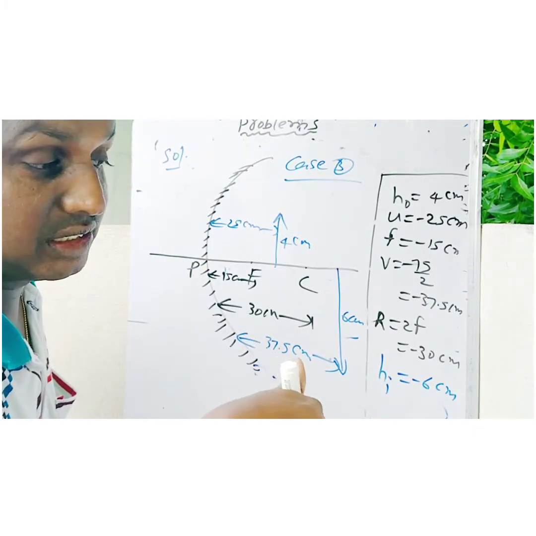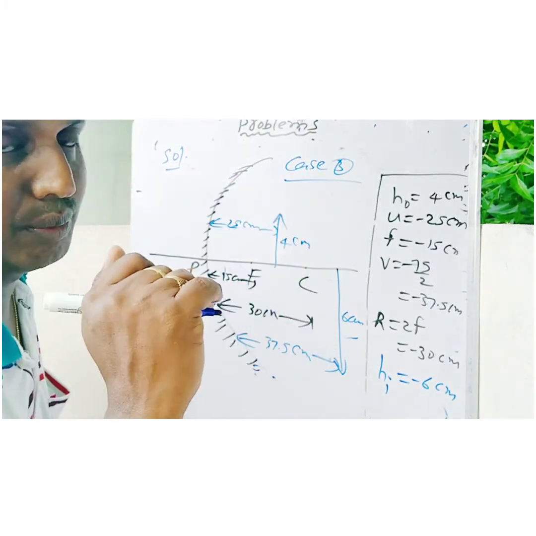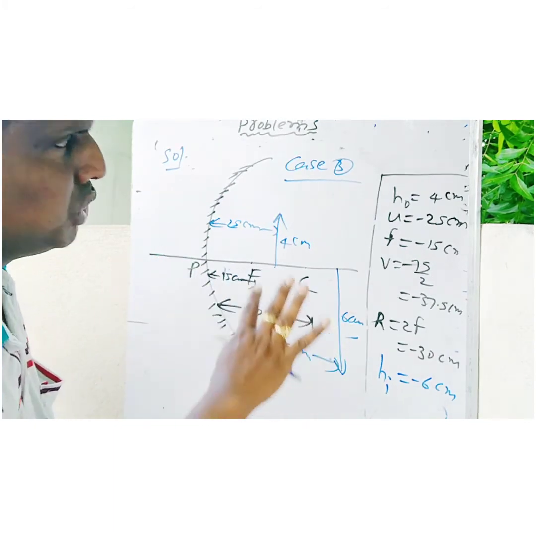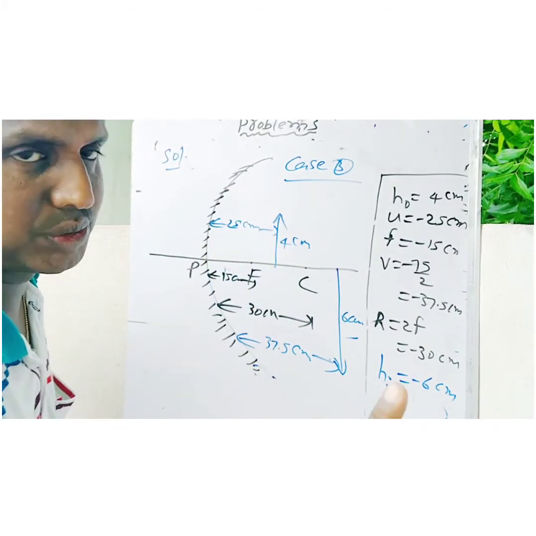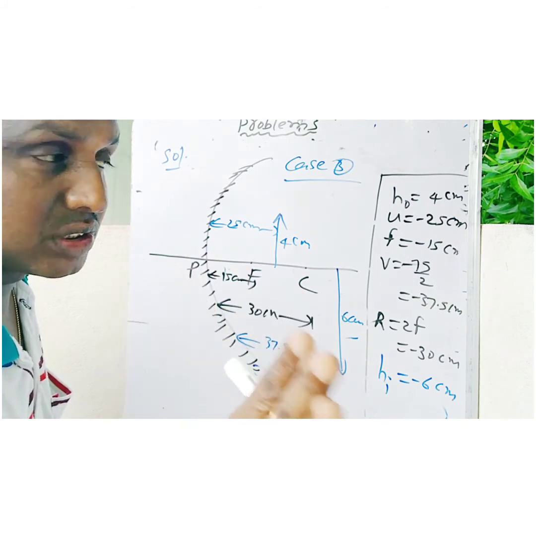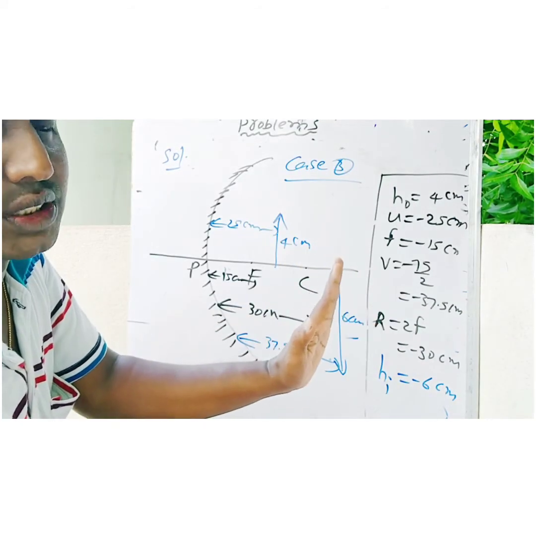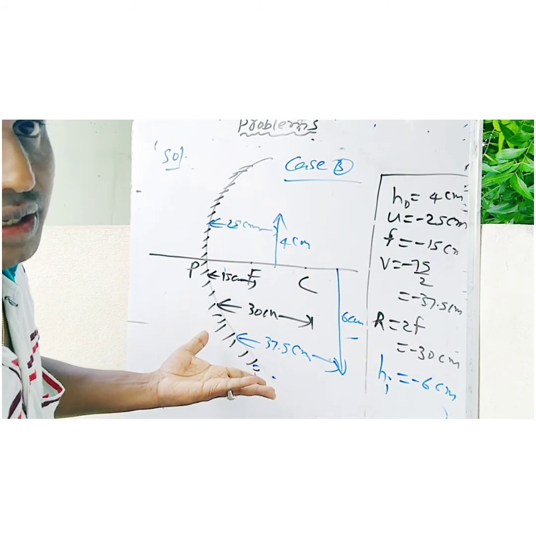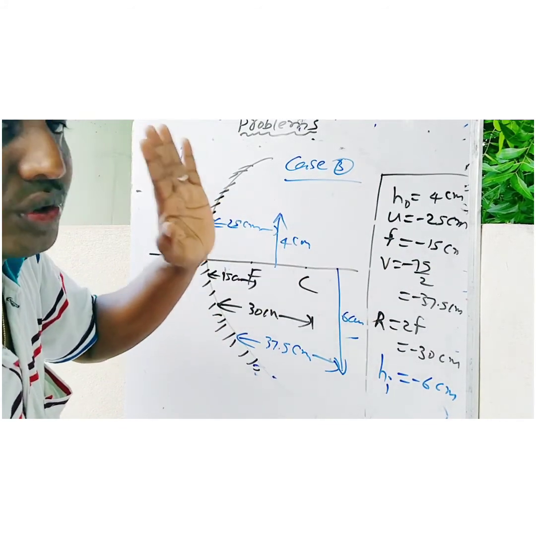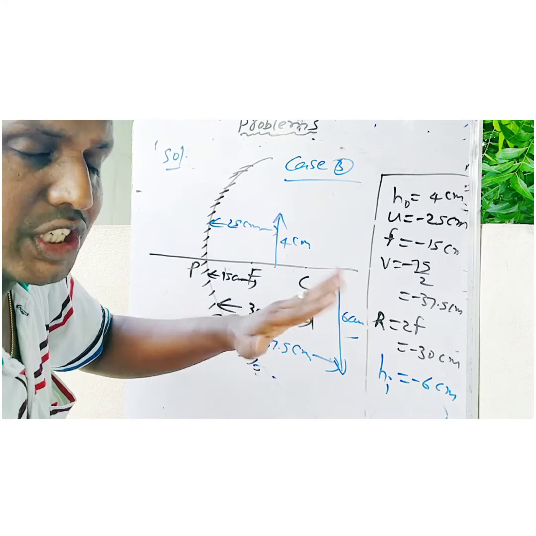So practice this problem at least 3 or 4 times. Any problem you can take with the same process. You follow the steps, that's all. Use the mirror formula, magnification formula. If you are asked only V, use the mirror formula, no need of the magnification formula. If you are asked both, you can use both the mirror formula and the magnification formula.